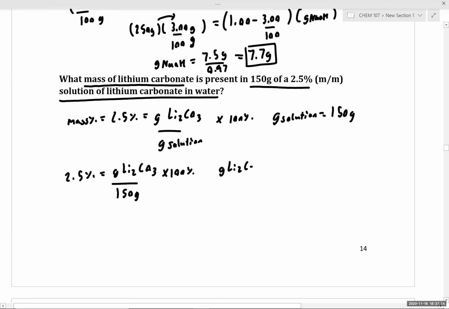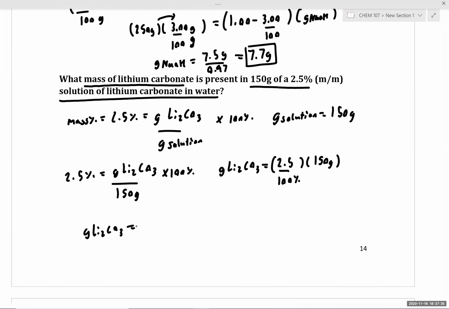So the grams of lithium carbonate are equal to 2.5 over 100% times 150 grams, which is 2.5 times 150 over 100. That gives us 3.75 grams, which we round to 2 sig figs, giving us 3.8 grams.